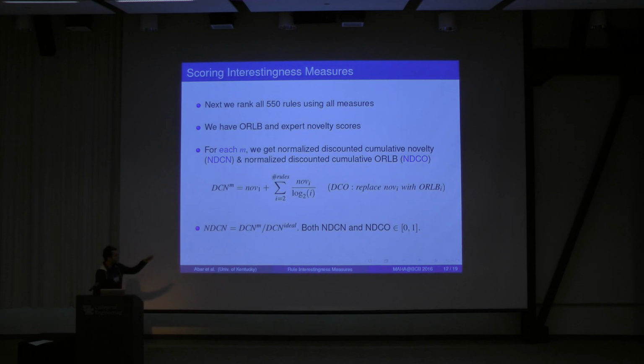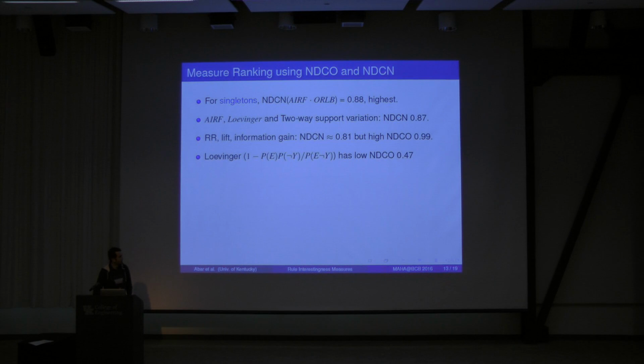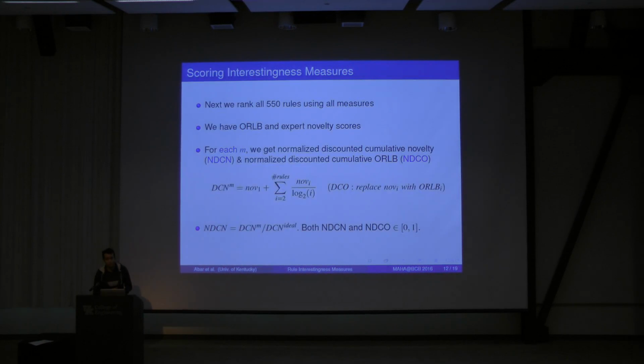Then we divide by the ideal DCG to get the normalized DCG. It's calculated the same way for the odds ratio. So just to be clear, the division by log 2 of i, that is the discount that you're talking about. Okay.